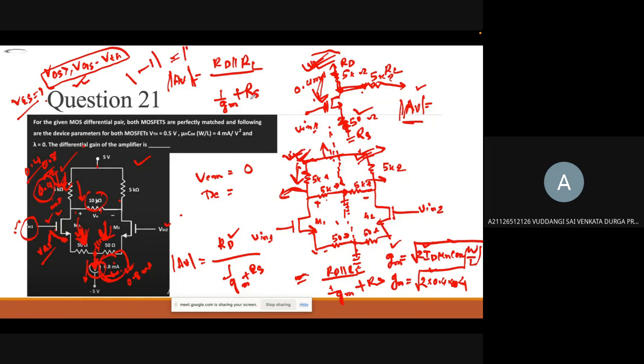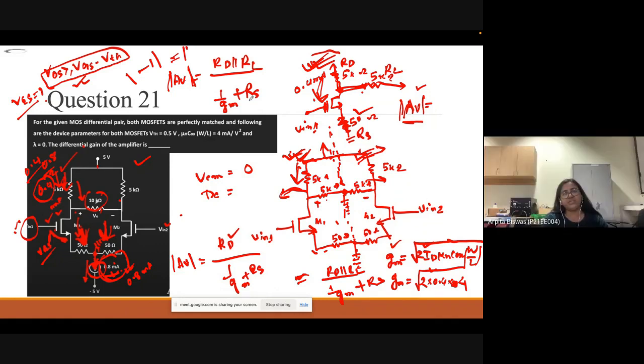Ma'am, will you please explain what is the role of the negative sign in the gain? The negative sign means a 180-degree phase shift. There is a phase difference. If the current is flowing from this side to this side we write it as one, and if the current is flowing in the opposite direction, we write it as minus I, because the direction is changing.